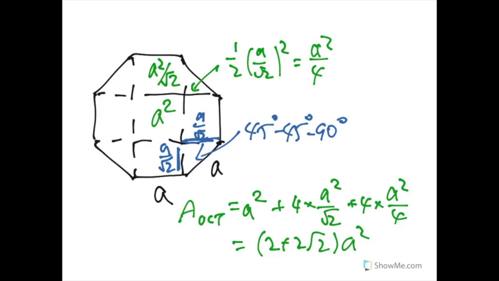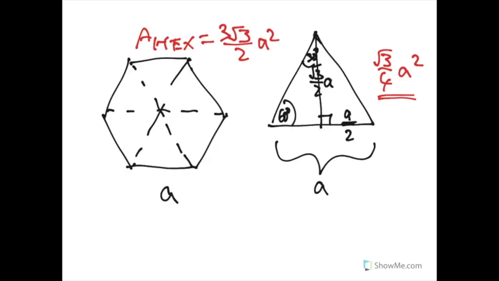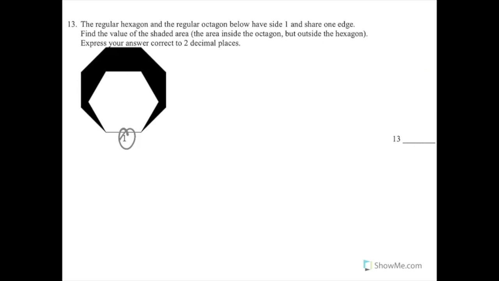So now we can go back to our original question. In this question, the side length is 1. So this does simplify quite a bit. So let's look at our formula for the octagon first. The area here would be 2 plus 2 root 2.